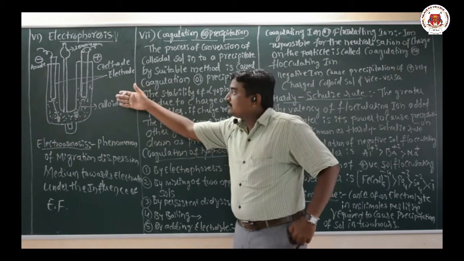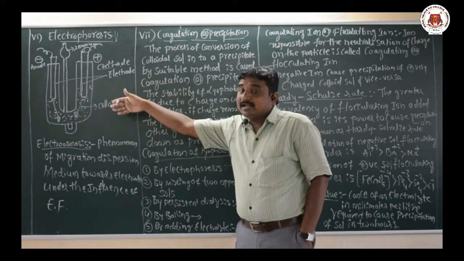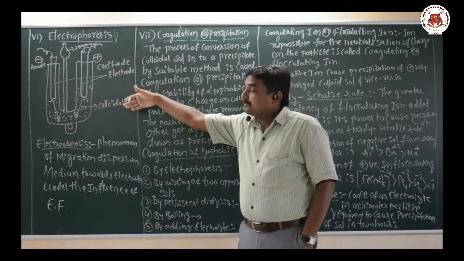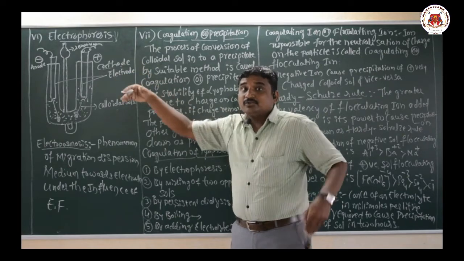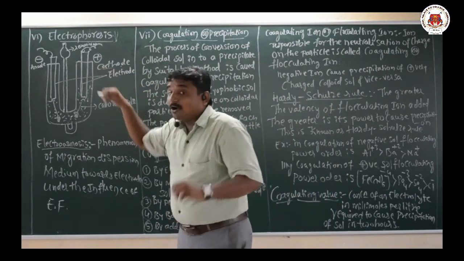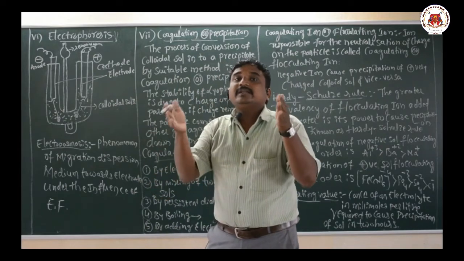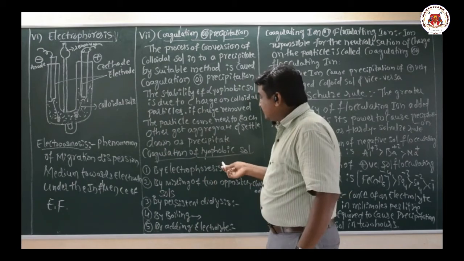Now, we have already discussed electrophoresis. The colloidal particles, the ions, migrate towards the oppositely charged electrode. The ions which go and discharge on the electrode will settle down, they will coagulate.